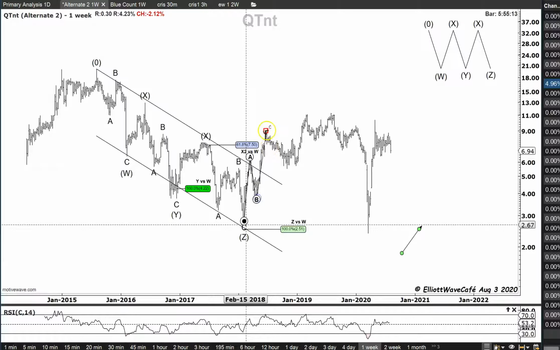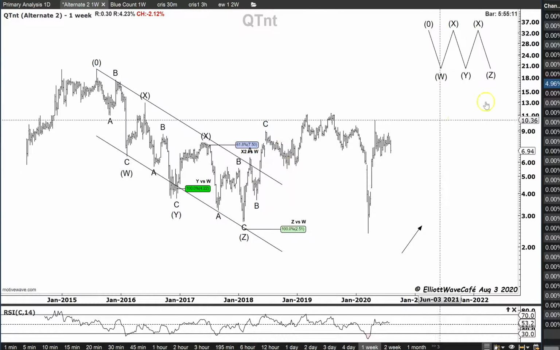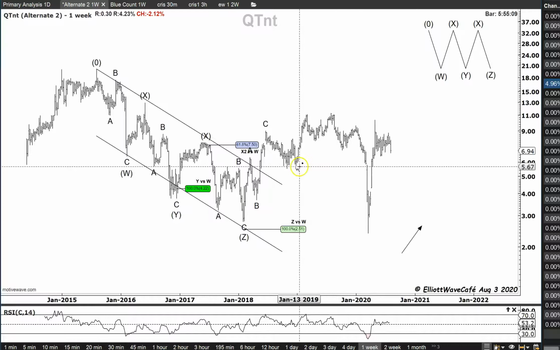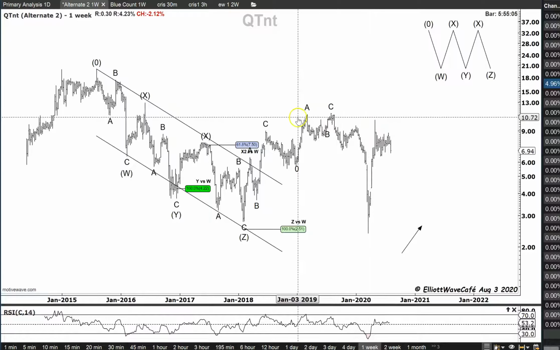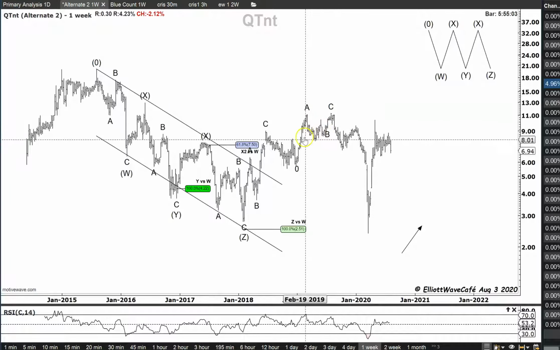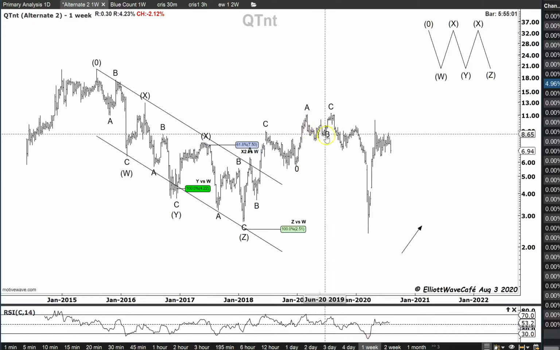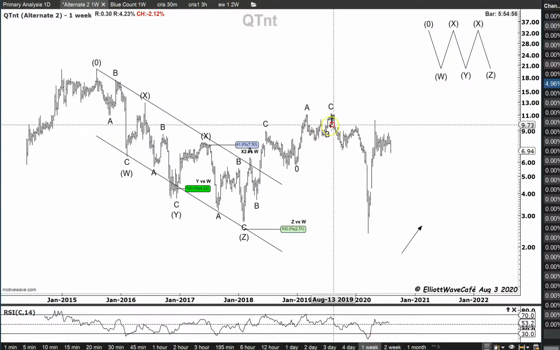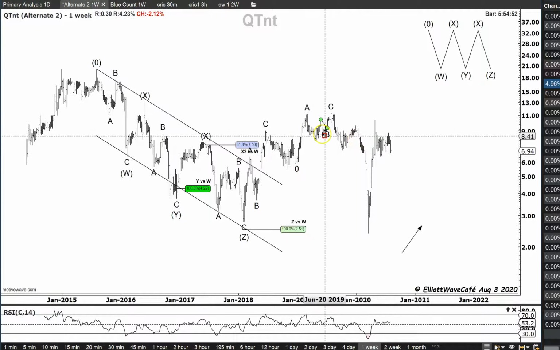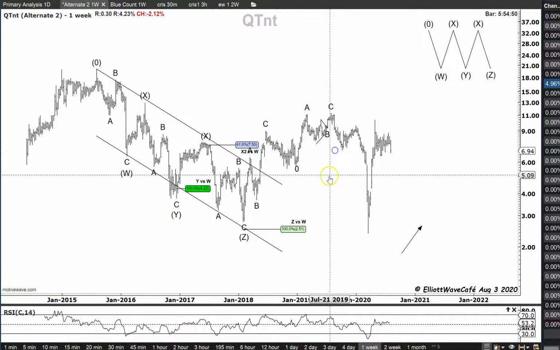This is an A, B, C, and then this has got to be an X, and then you have another A, a triangle in B, and then just a small C wave up. Because this is a three-wave move, you can argue with me a lot about how this looks, but I'm telling you, the best interpretation here is probably a triangle in a wave B position. You go A, B, C, D, and E, and that's your triangle right in there. Okay?